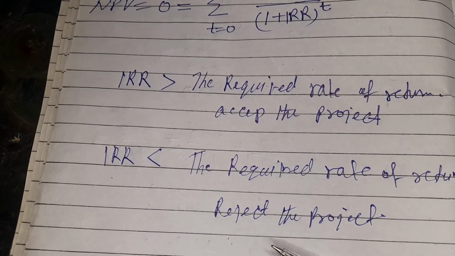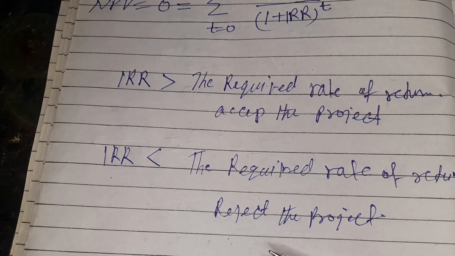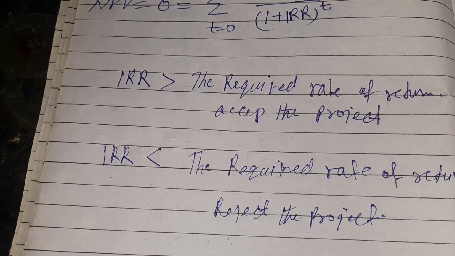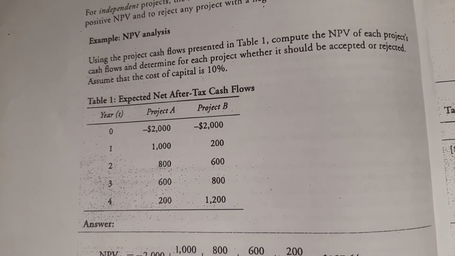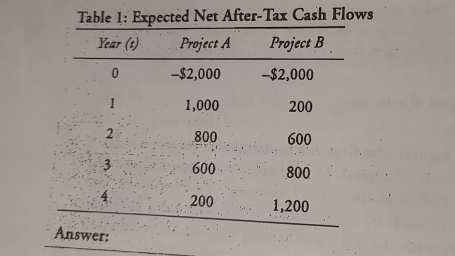So these are the implications of internal rate of return. Here is an example. We will calculate it in Excel. Years, project A and project B are given.